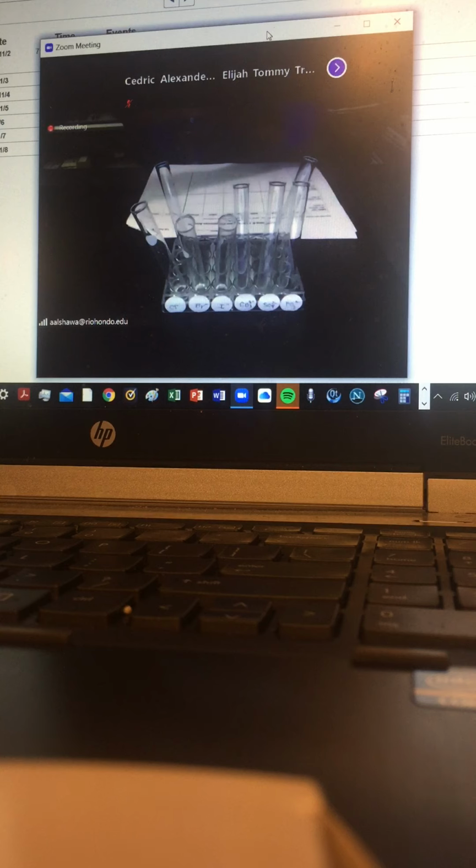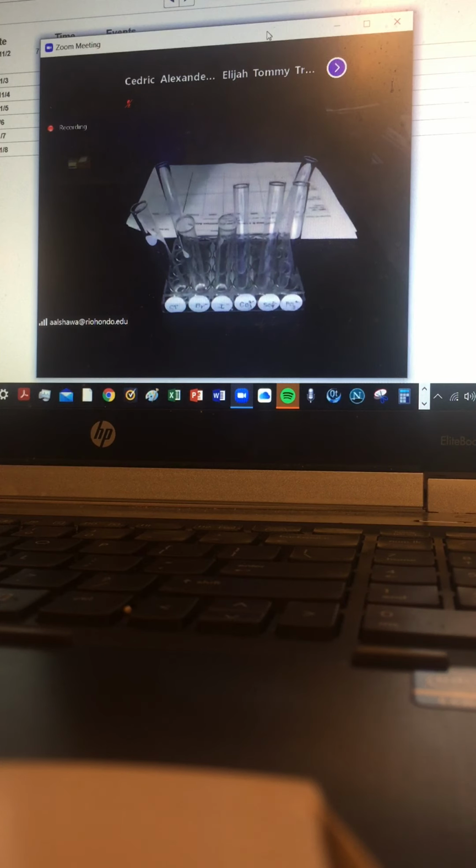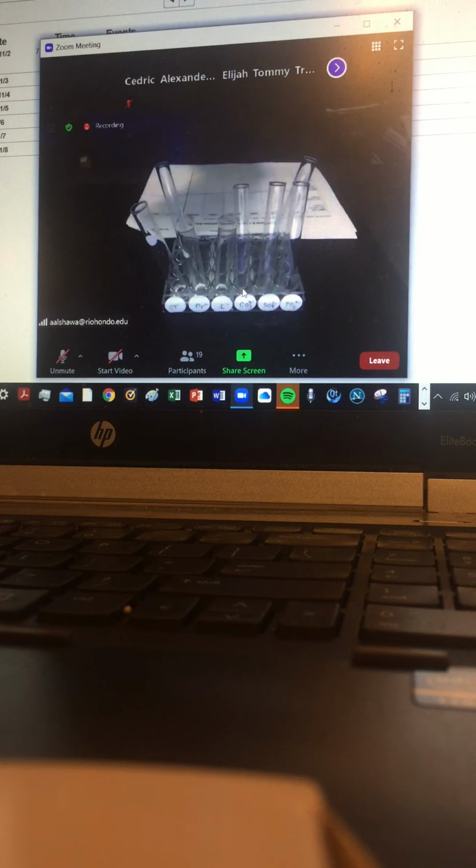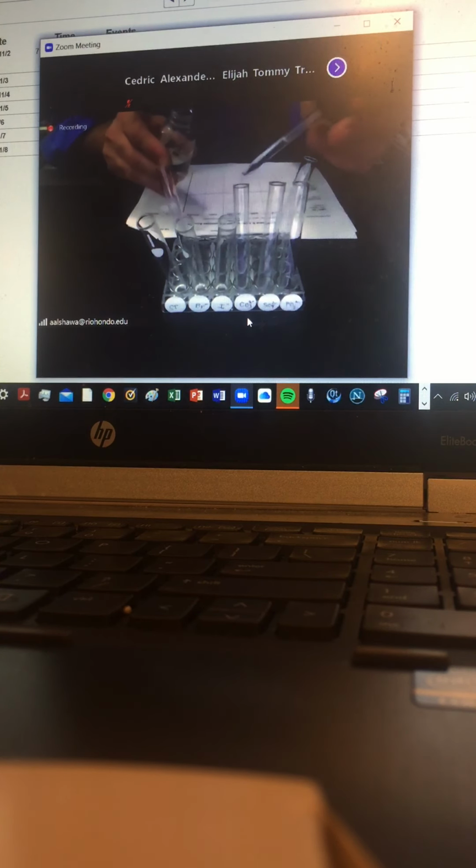Now to the other ones, so I want to add carbonate. Sodium carbonate. Okay, so what I have, sodium carbonate here. Okay, sodium carbonate. So tube number 4, 2 drops of sodium carbonate.